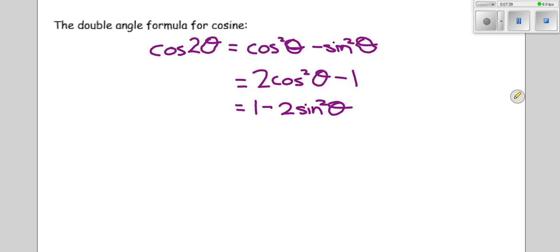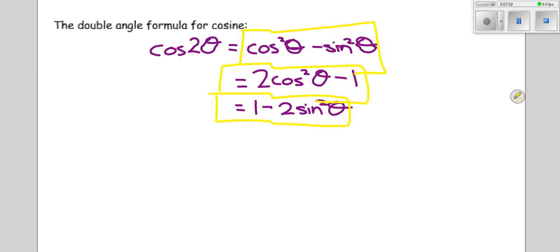So see there's 3 versions of the double angle formula for cos. There's this one, there's this one, and there's this one. It turns out someone did all these investigations and found that they were able to do these manipulations and find that this right-hand side equals the left-hand side for all thetas, for all angles.